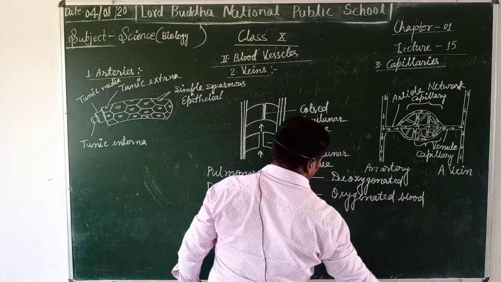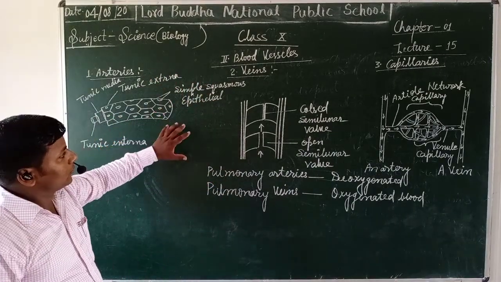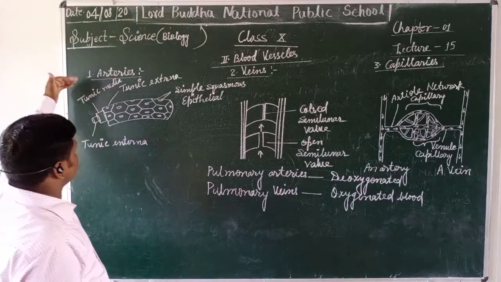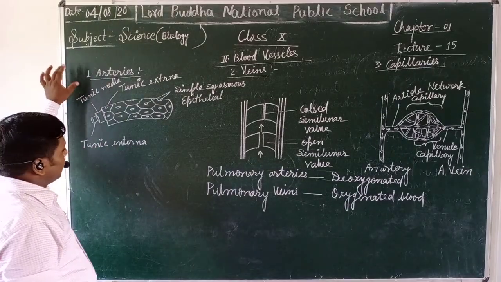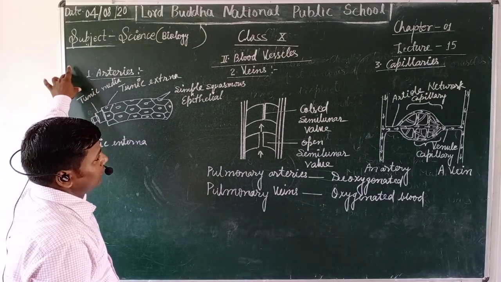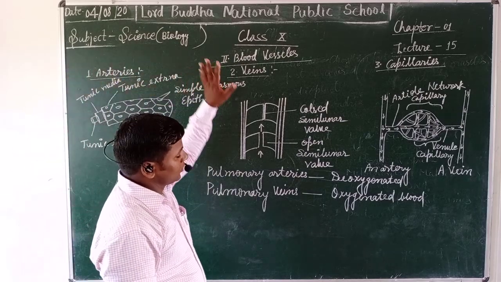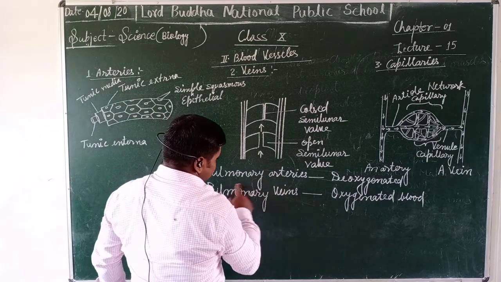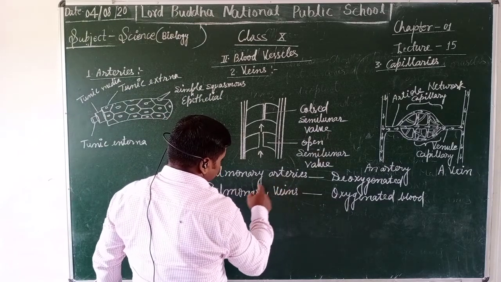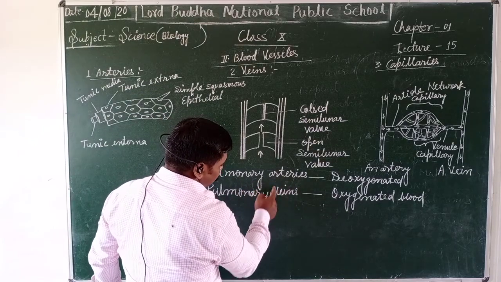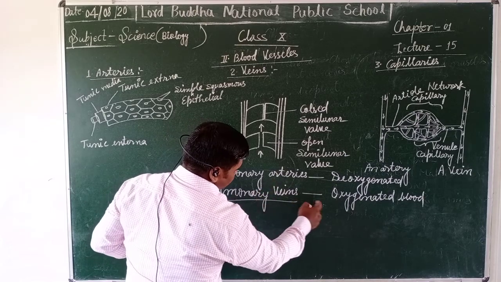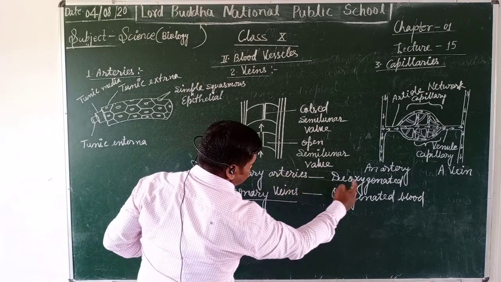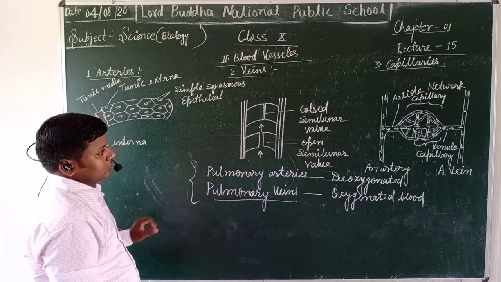It is just antagonistic to the function of the artery and veins, because artery always carries oxygenated blood, whereas veins carry deoxygenated blood. In pulmonary veins, oxygenated blood always flows, and in pulmonary artery, deoxygenated blood always flows.